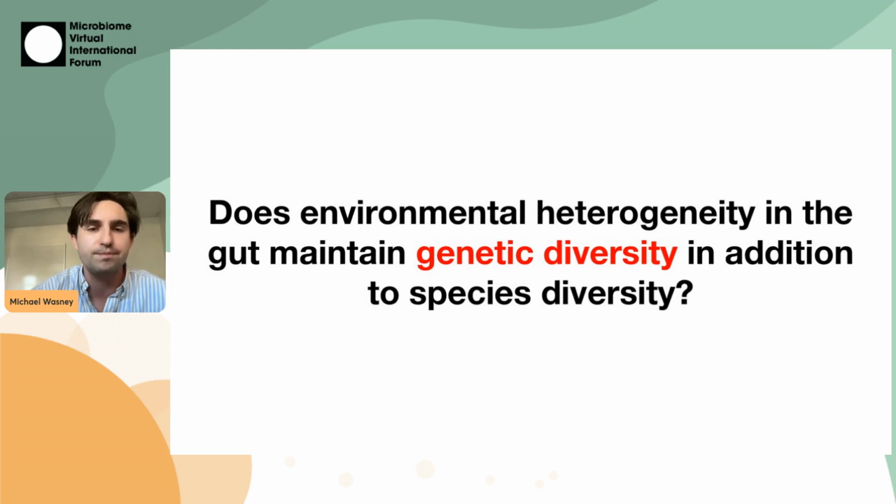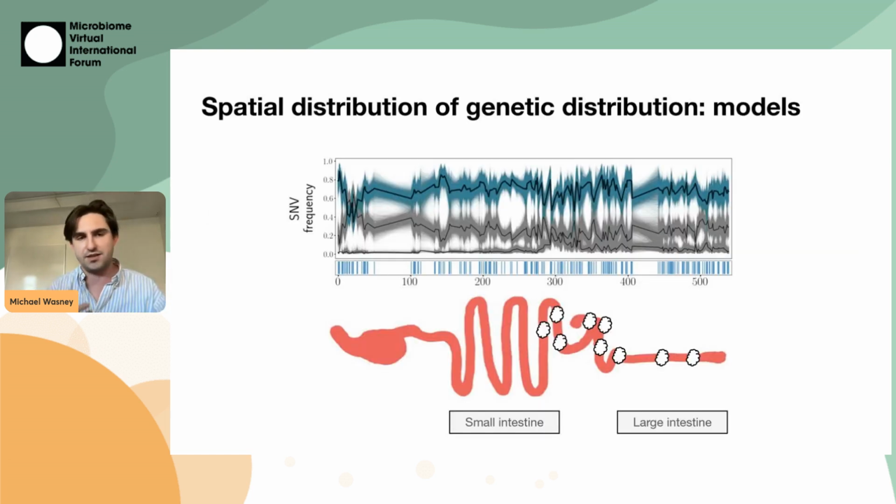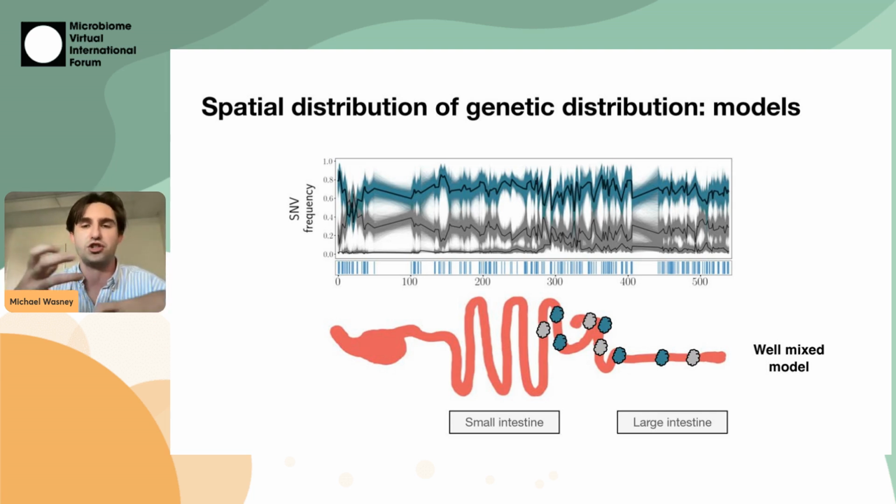And while this environmental heterogeneity maintains species diversity, we don't really know if it does the same at the genetic level. So I'm testing 2 alternative models. In one, bacterial genetic diversity, such as strains, spatially segregates into distinct niches, for example, to reduce competition. Alternatively, co-colonizing strains are actually well mixed along the gut, implying that some ecological force other than spatial segregation is maintaining strain diversity.